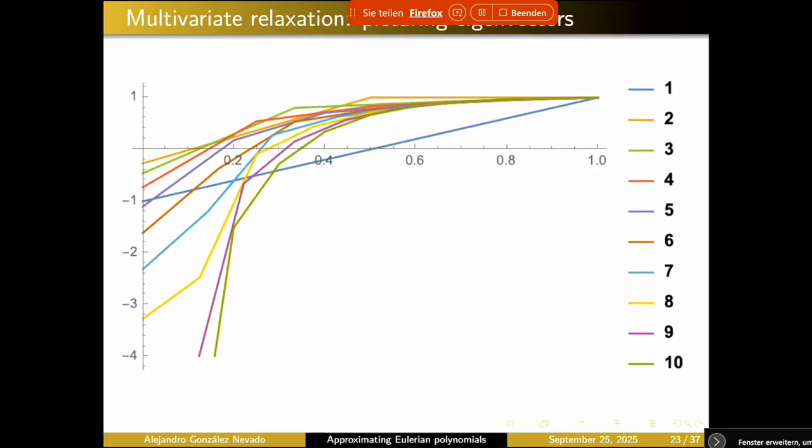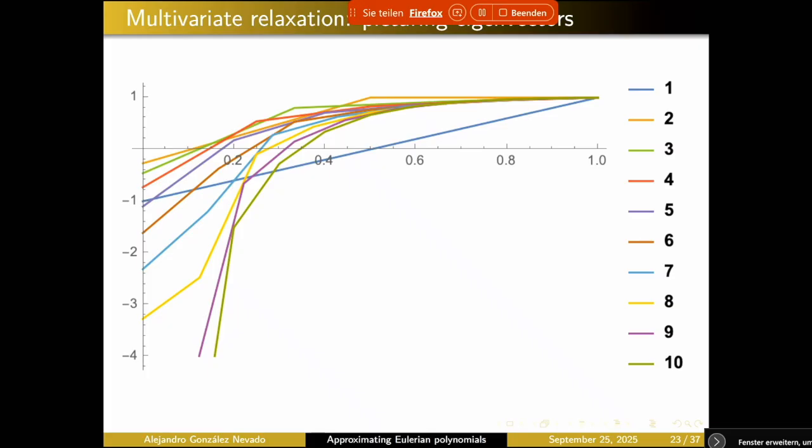In this graphic, if you put a lot of love into it and look at it for some weeks, you will see that there is some pattern. Maybe you don't see it right now. The first entry is a bit crazy, but this makes sense because the first entry of the relaxation is defined using monomials of degree 0.